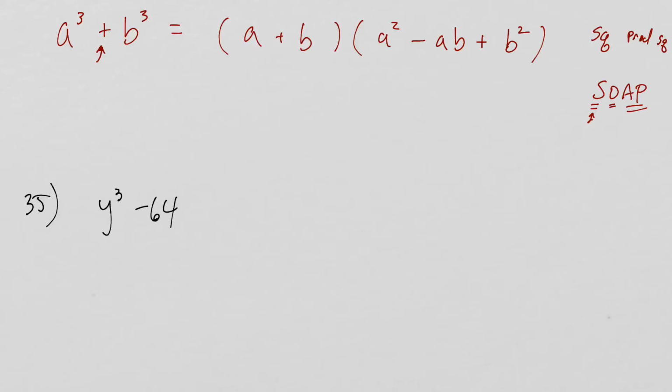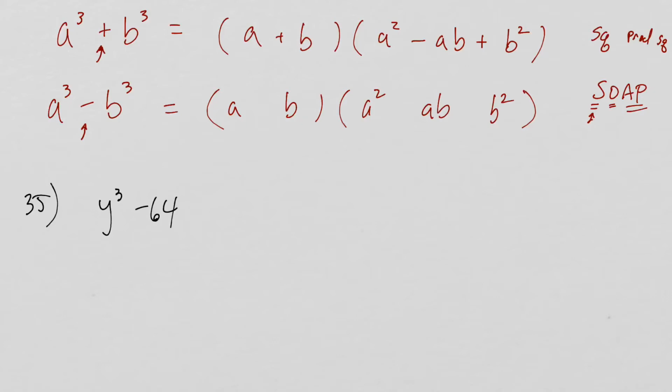If you had the difference of two cubes, you still do the binomial times a trinomial, and you still put these cube root items there, and then you go square, product, square. And when you apply SOAP, this time this is a minus, so same is a minus. Opposite of that minus, and then always positive. So this is the difference of two cubes. Okay, so in this problem down here, you have to recognize what the cubes are. This is y cubed minus 4 cubed.